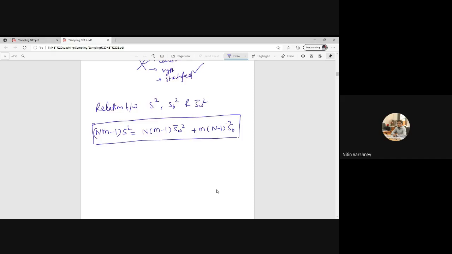So nm minus 1 capital S square. Just remember, don't get confused about which is outside, n or m. Start with n. nm minus 1: we first keep n outside, then m comes. And the second time, n is outside, and this is S w, within, and this is S b, between.